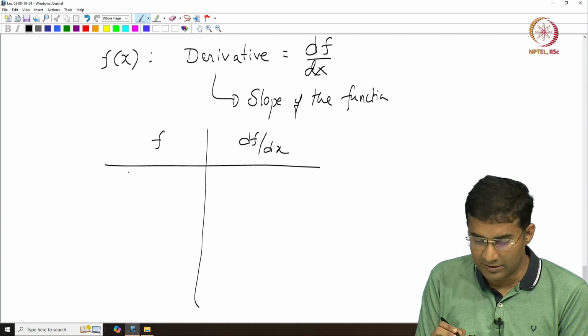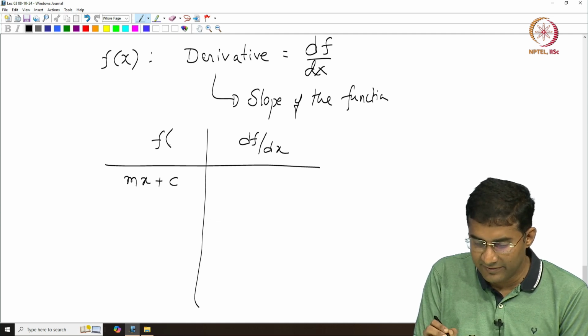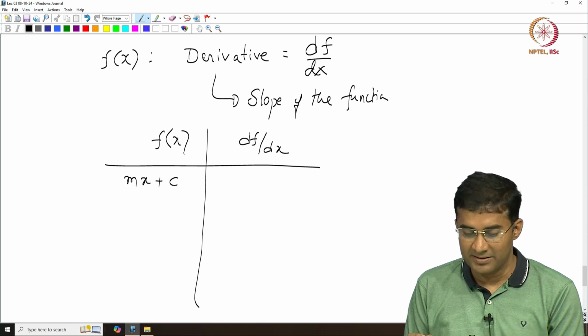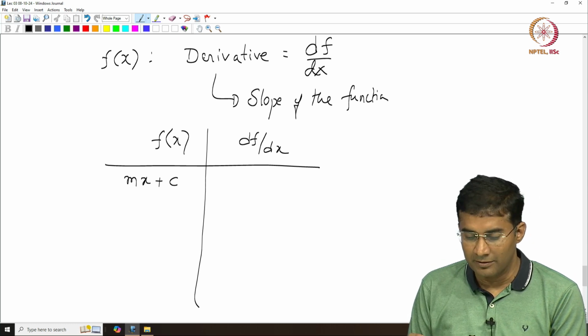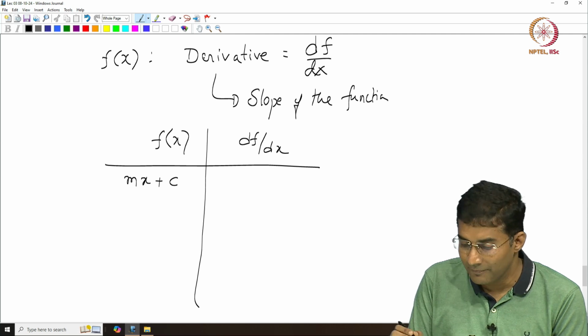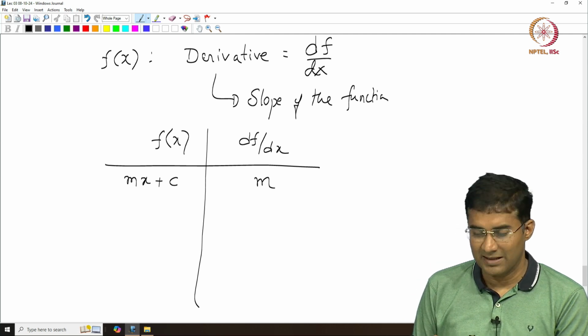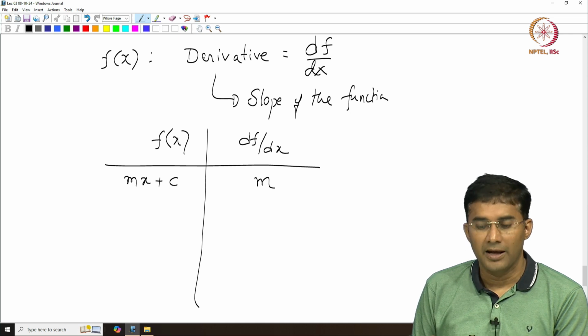Let me start with y is equal to mx plus c. If f of x is mx plus c, it is a straight line with a slope of m, and the derivative is nothing but the slope, therefore m.